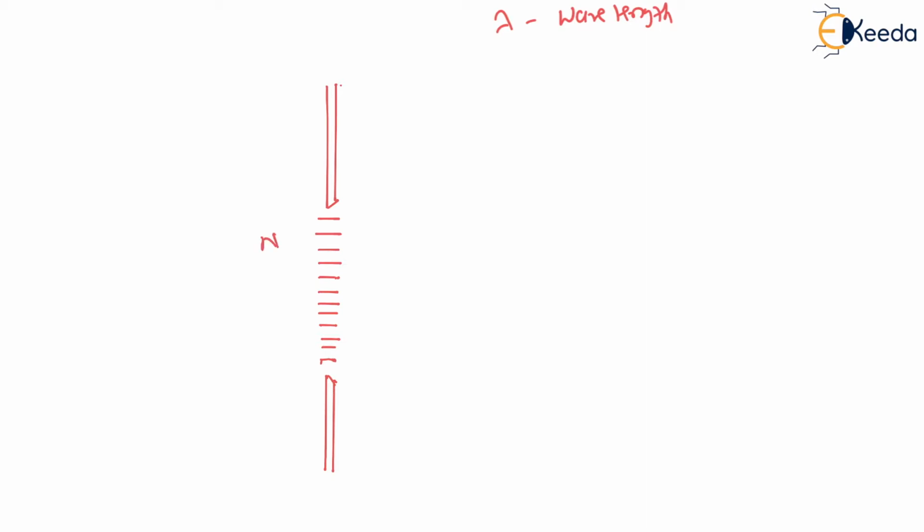So these are the n parallel slits, and again here let the width of these slits, no doubt they all will have the same width, be dx. The width is what? dx.